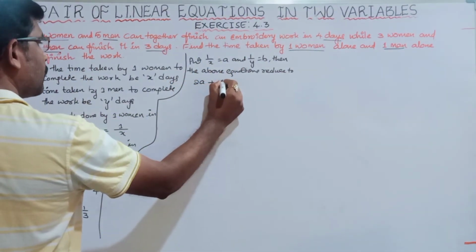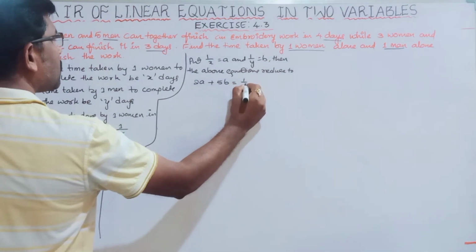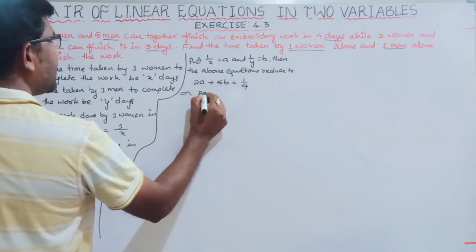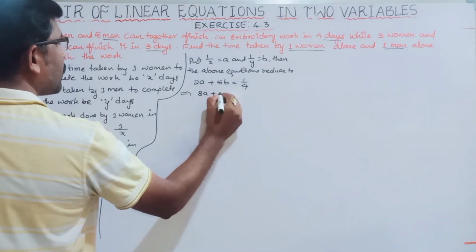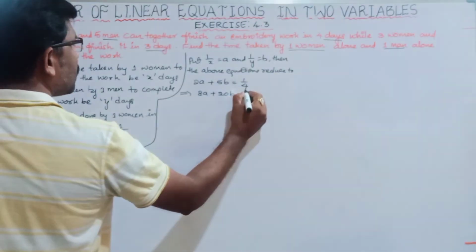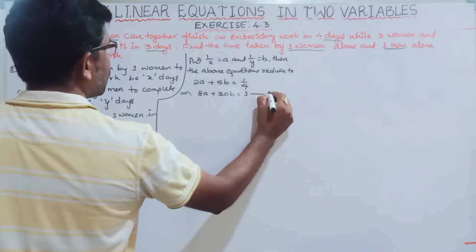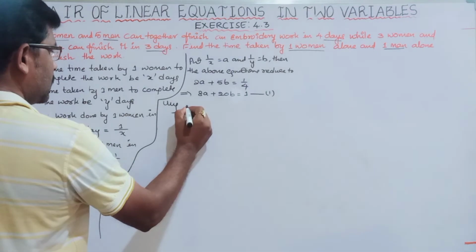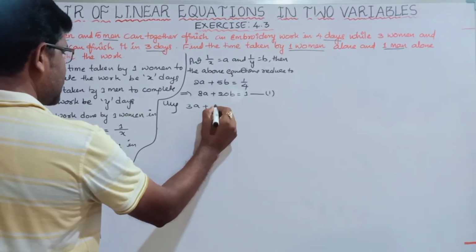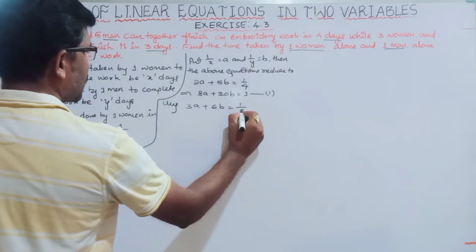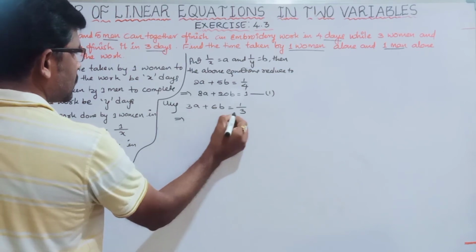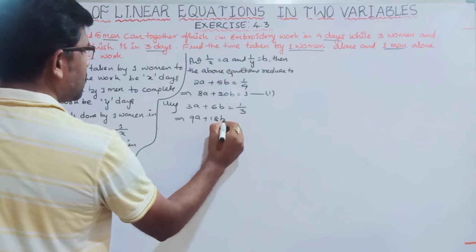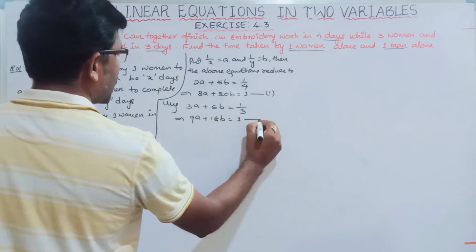2a plus 5b is equals to 1 by 4. It implies 8a plus 20b is equals to 1. Equation 1. Similarly, 3a plus 6b is equals to 1 by 3. It implies 9a plus 18b is equals to 1.